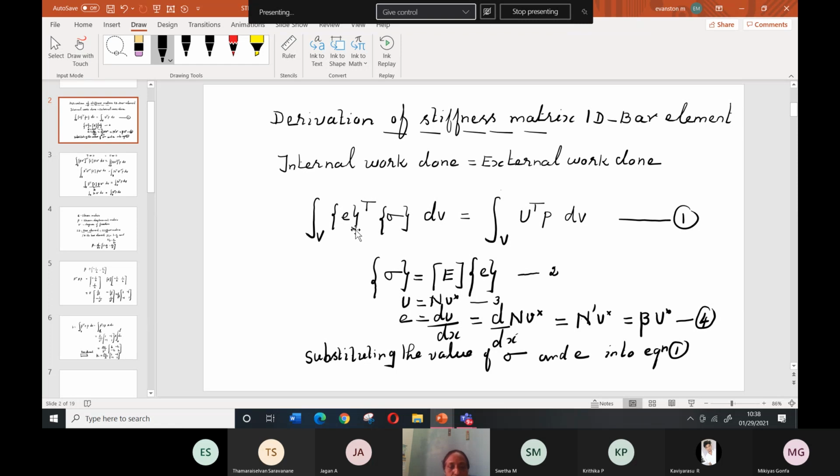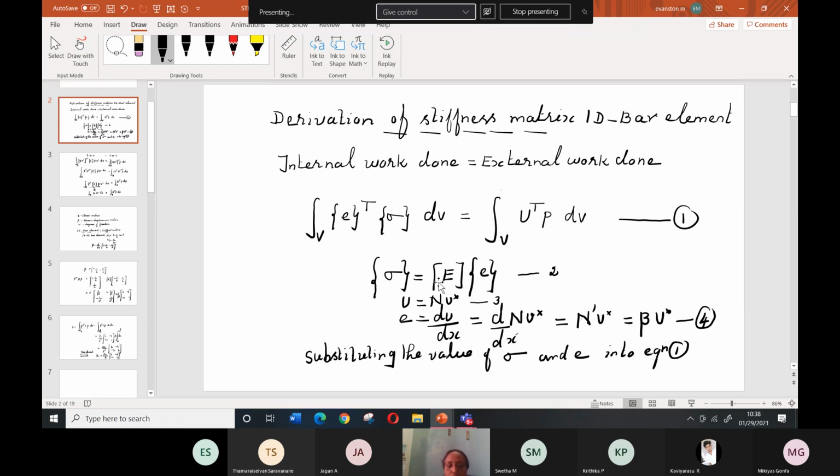So stress into strain is equal to load into displacement. You might have studied this in the BTech itself, the principle of strain energy. So when you are integrating over the whole volume, you'll get the internal work done and the external work done. And two more things you have to remember.